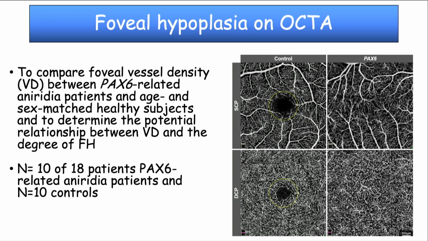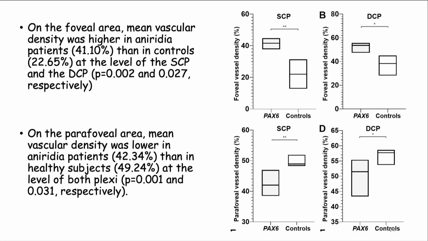I will not stay on this because it's a bit complicated, but in the foveal area we calculated the mean vascular density, and it was higher in aniridia patients. But in the parafoveal area, mean vascular density was lower.